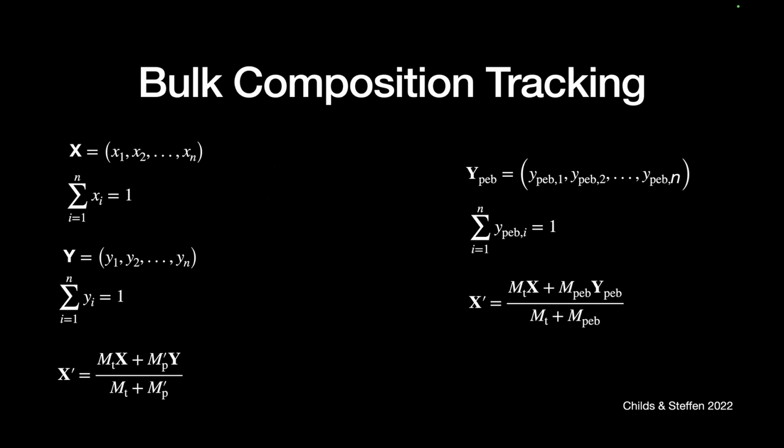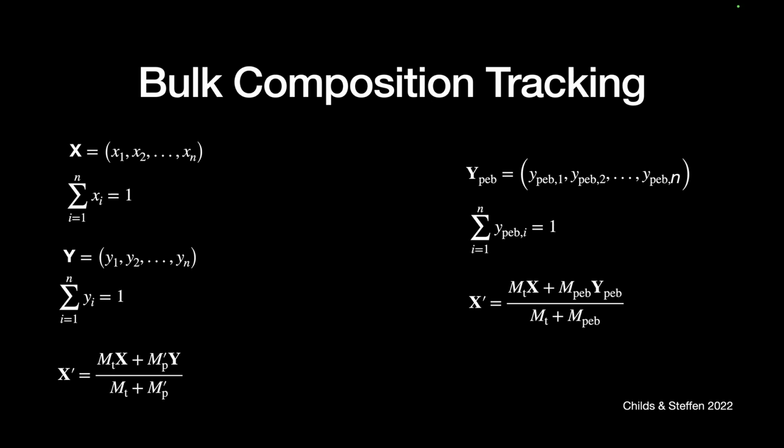And similarly for the projectile, the composition is shown in big Y. So if you have a collision outcome where the target accretes some of a projectile of a differing bulk composition, it gets resolved according to the X prime expression. And this expression changes slightly based on what the actual collision outcome is, but that's the general process.